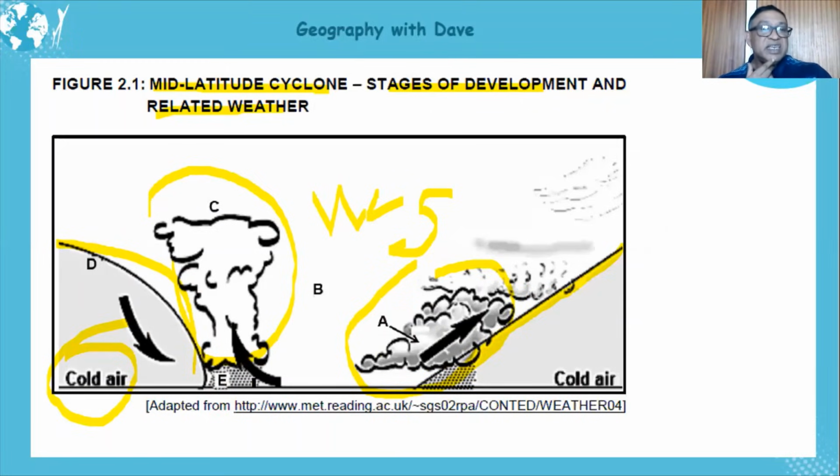Here I can see it's undercutting the warm air. It's moving, yeah. The warm air overriding whatever, depending whether it's your warm or cold occlusion and things like that. But I'm not 100% yet, but I can visualize in case they ask, all right? But this is not related to that.